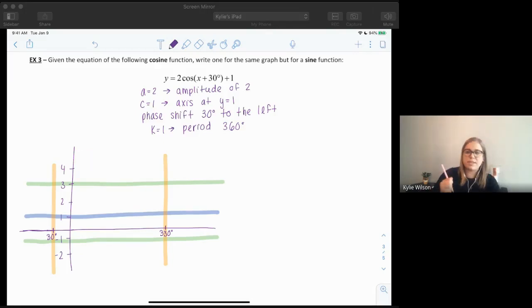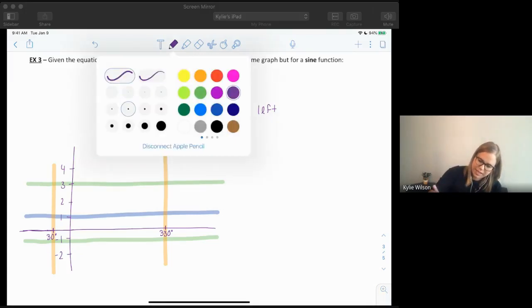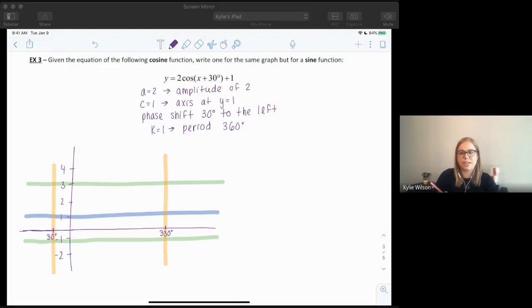All right. So now let's draw our curve here. We have a cosine curve, and there's no reflections or anything like that. So it always starts at a maximum, and it will end at a maximum.